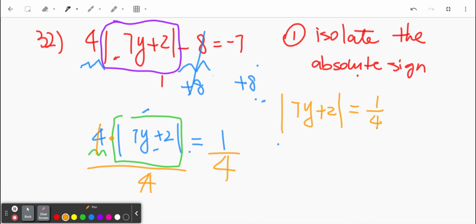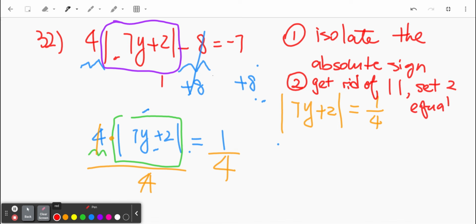All right, so after we isolate the absolute sign, the second step: get rid of the absolute sign and then set two equations. What does that mean? When you get rid of the absolute sign, we get 7y plus 2, right? So 7y plus 2 can be just like 1/4, exact same thing as what we have right now.